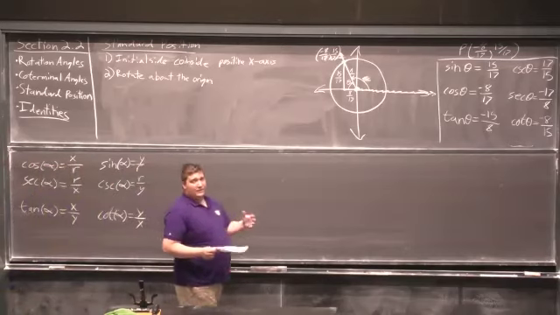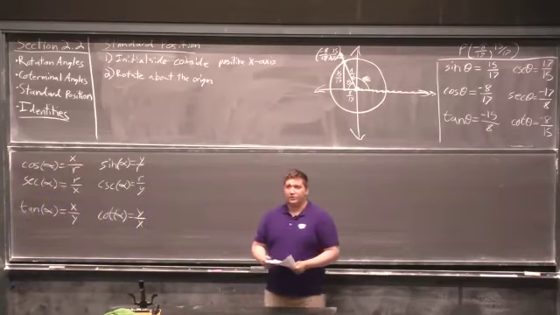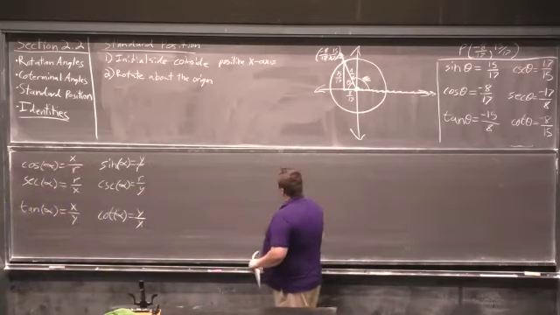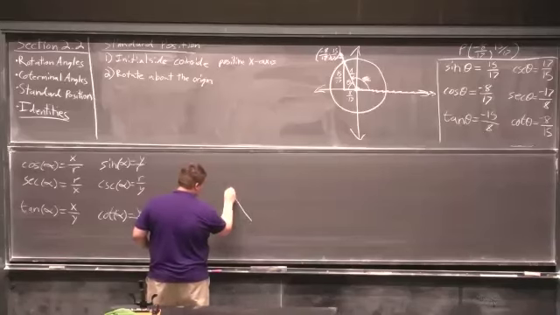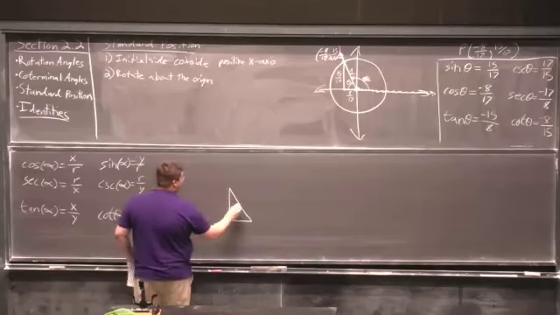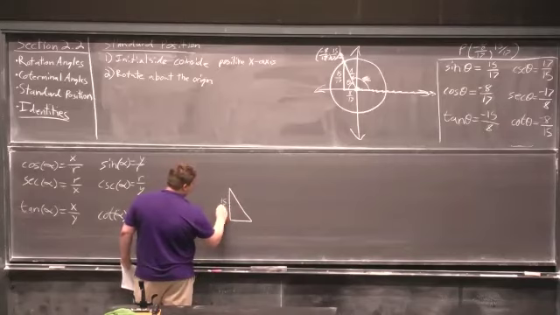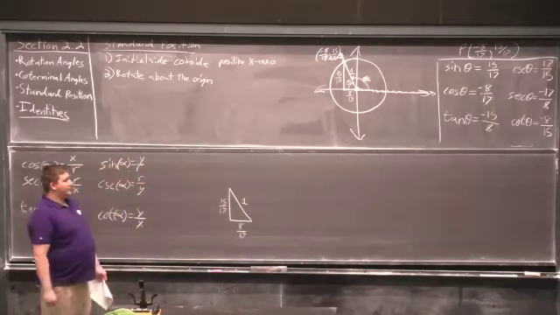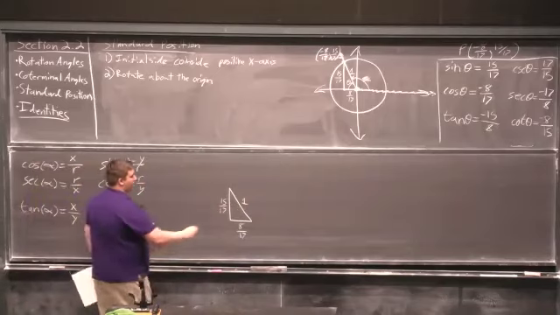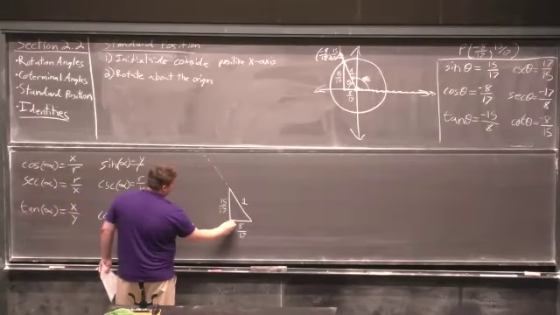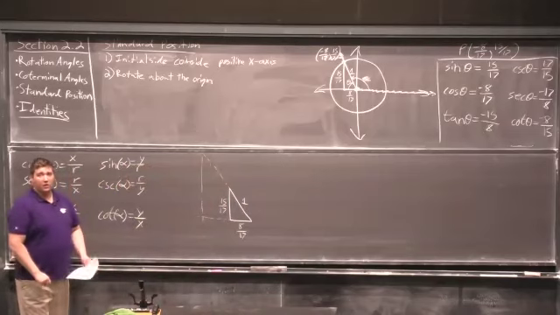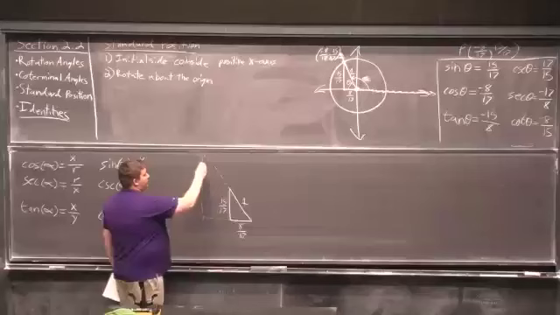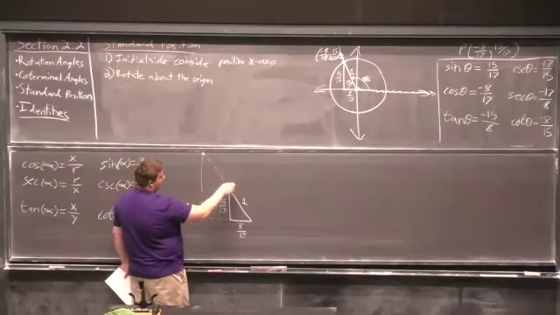So how is this true? Why can we generalize this? Well, let's look back at our triangle. We had a triangle here that was 15/17, 8/17, and 1. Well, what's to stop me from expanding this triangle? And now I have a larger triangle with a radius here that is, let's call it 2.